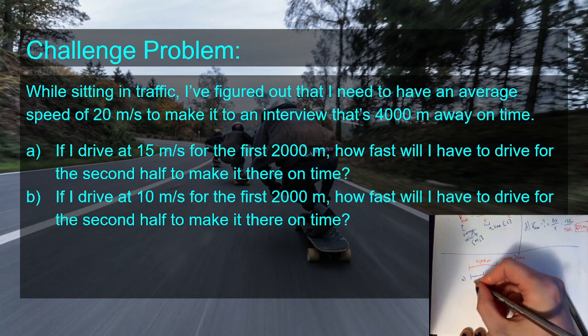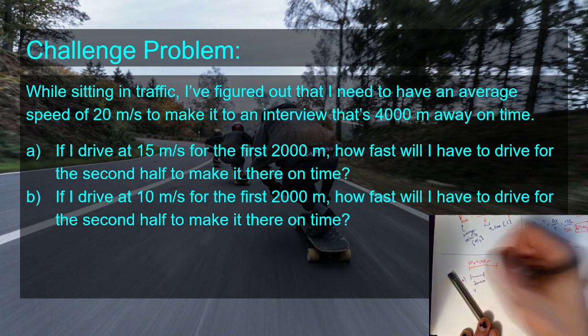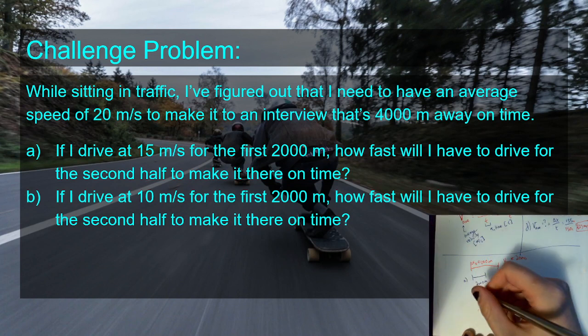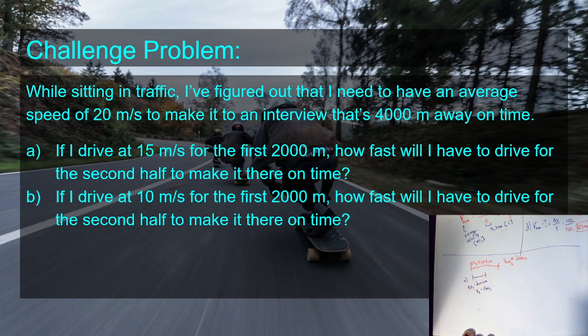I also know something about the first half, for A. The first half, being 2,000 meters, has an average velocity. So I'm actually going to label this as the displacement for the total. I know that my velocity for the first section was effectively 15 meters per second. I also know that my distance, or displacement, for the first section was 2,000 meters.